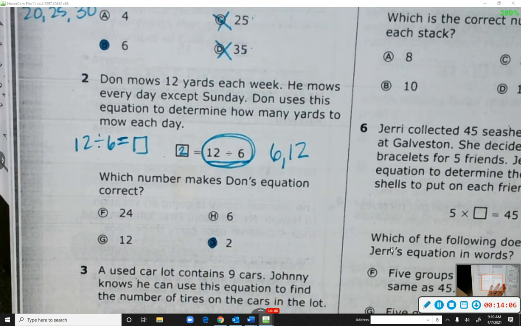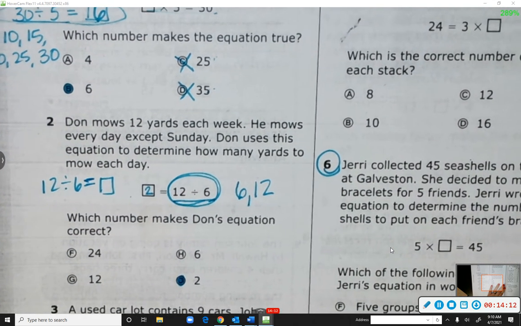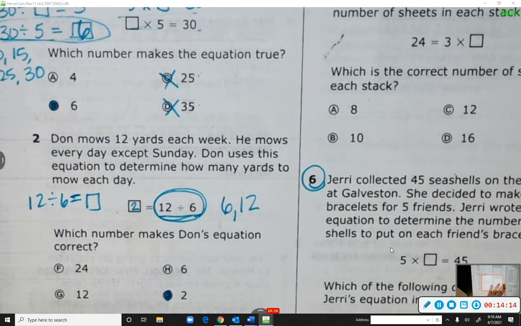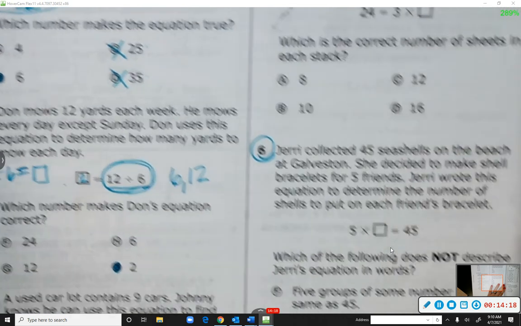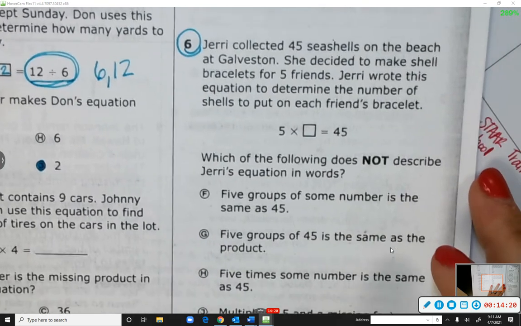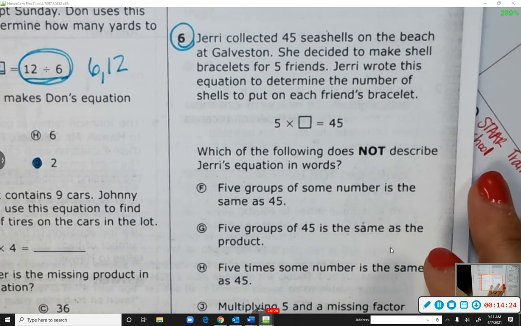Okay, let's skip to number 6. Ready? Who wants to read? All right, Allie.